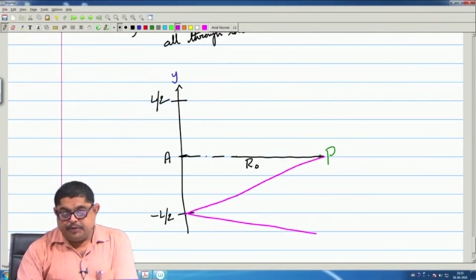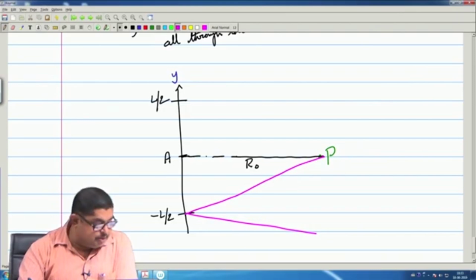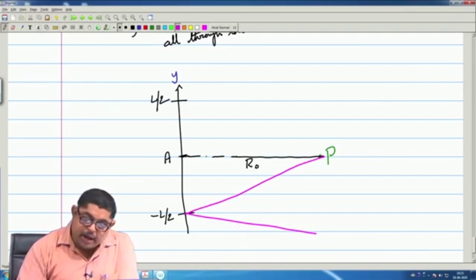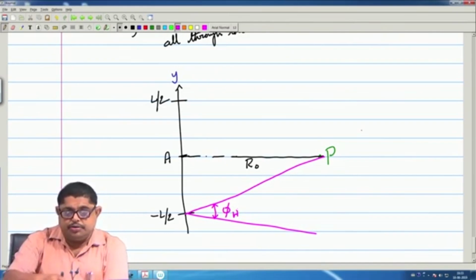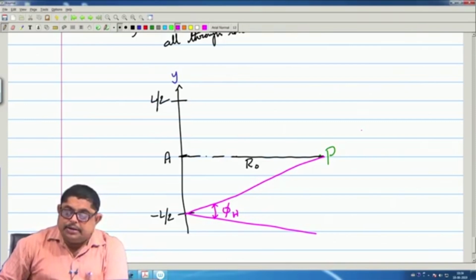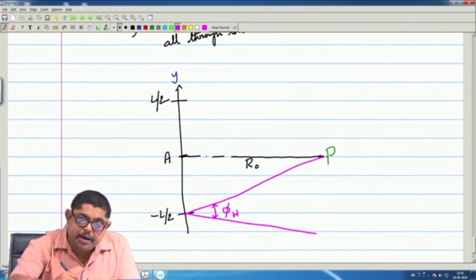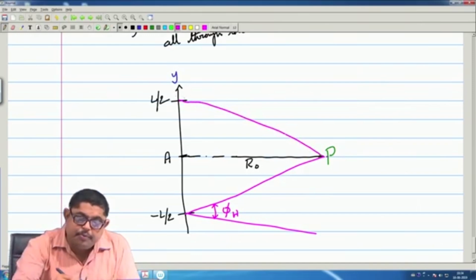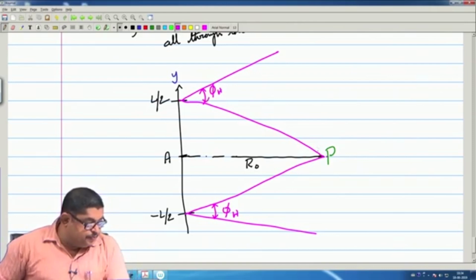That means the upper portion of the beam is illuminating point P, and let me call the horizontal, because this is at the ground, horizontal beam width phi h, and the upper portion of the beam should touch P. Similarly, from here I can say that lower portion of the beam should touch this.